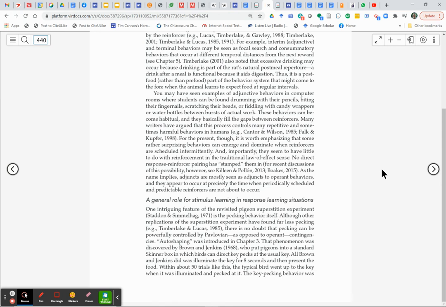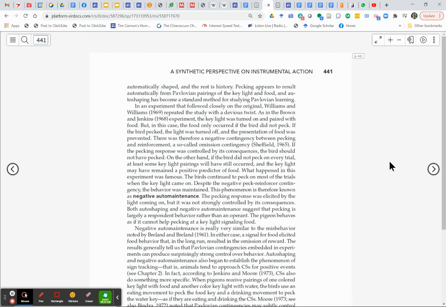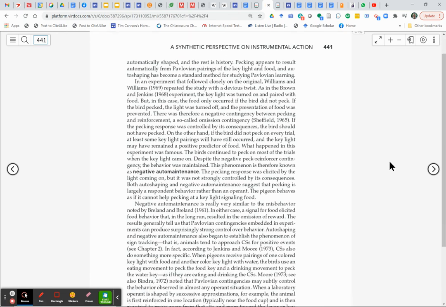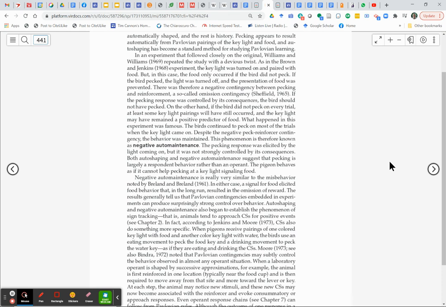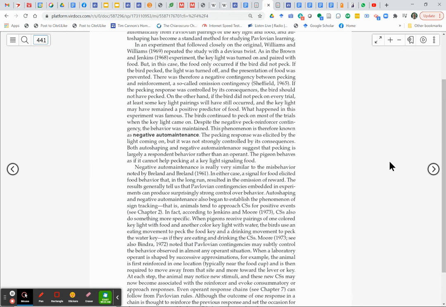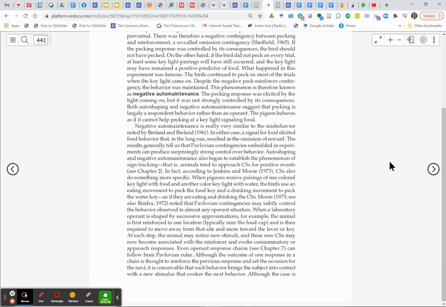And Brown and Jenkins, we've dealt with that earlier. That's important. And auto maintenance is relevant. Negative auto maintenance, even if you try to punish sign tracking, the animal cannot help pecking. They are helpless before the situation.